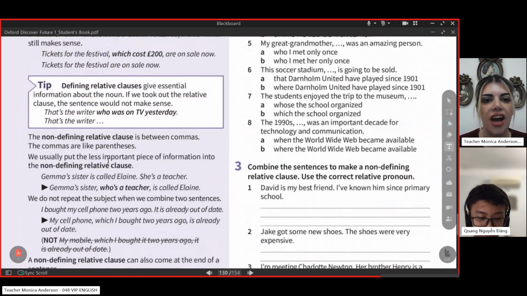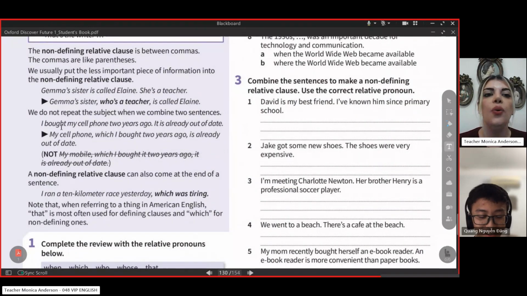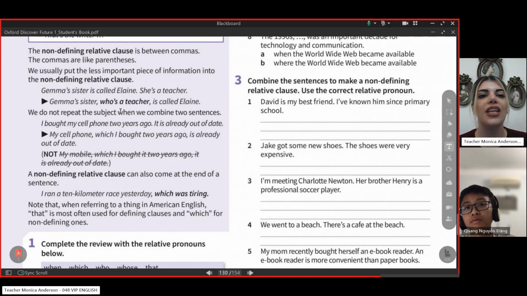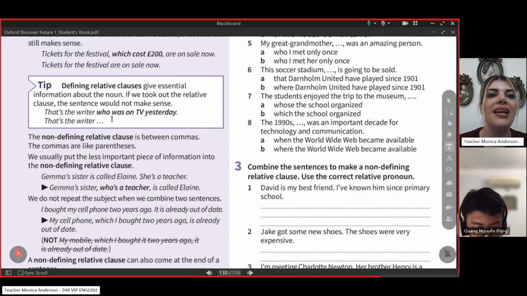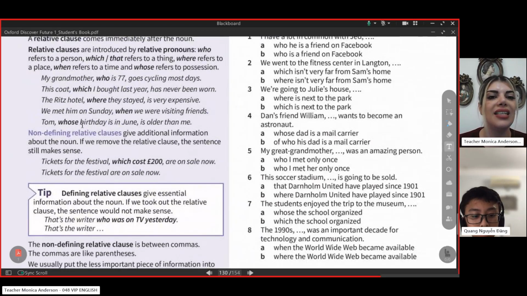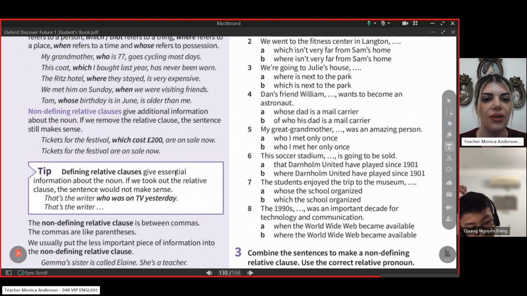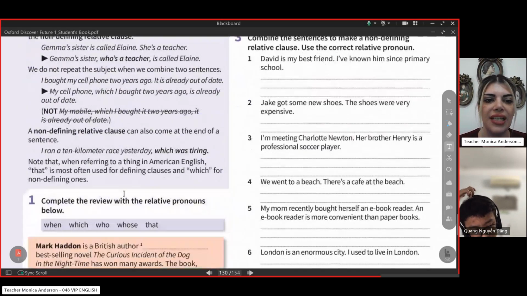Of course. Now just pay attention. We have whose and who's. Who's is the abbreviation of who is, and that is different from whose, which is used for position. So you need to pay attention to this.